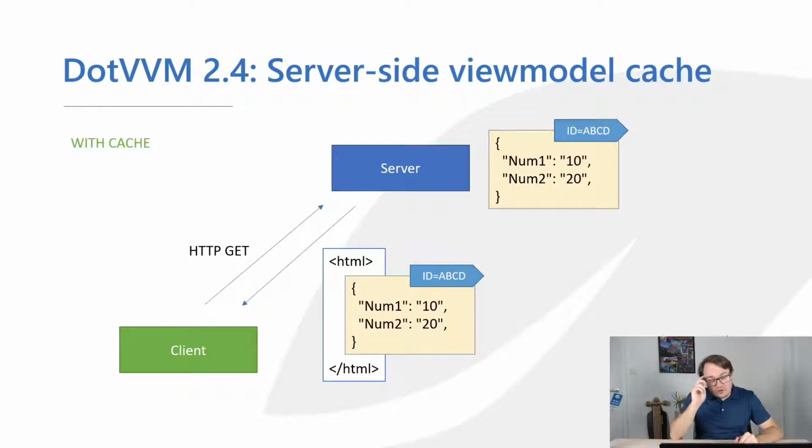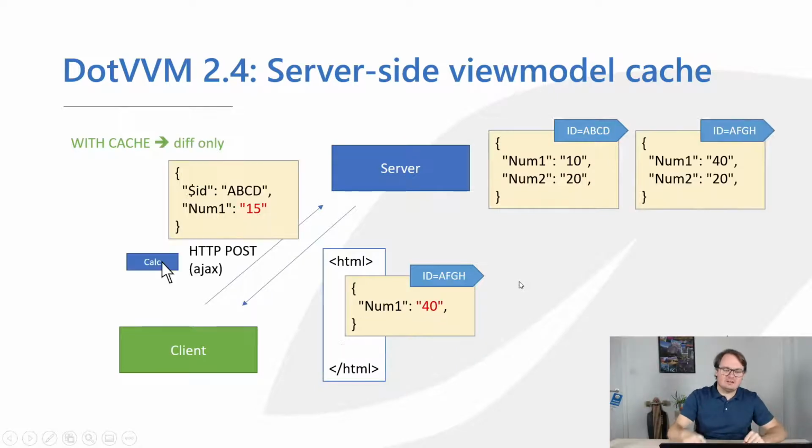And if you turn on the cache and make a HTTP GET request, the server responds as normally, but it will keep the view model in the cache using some ID. This is the hash of the view model content. So if there are a million requests that produce the same view model, it will be stored in the cache only once. And it's sent to the client, including the ID of the view model in the cache. And this allows the client to send only the difference of the view model.